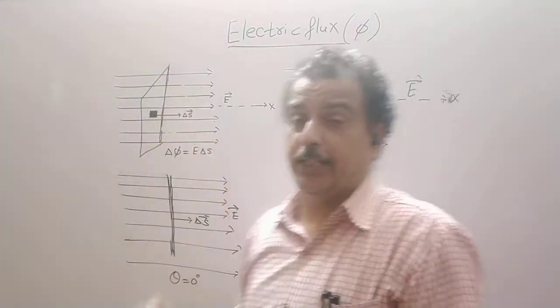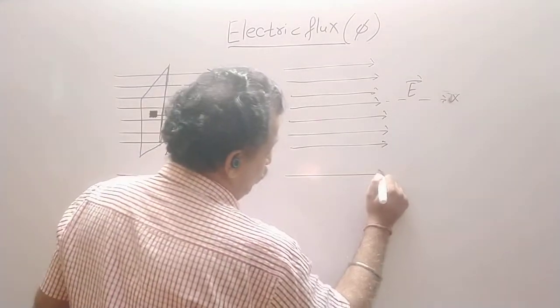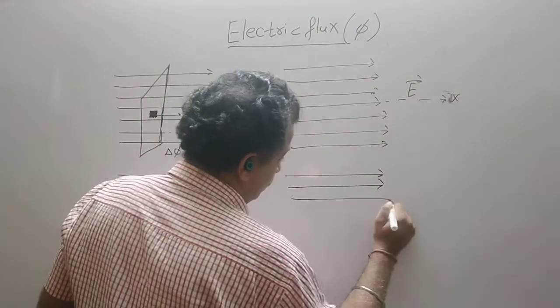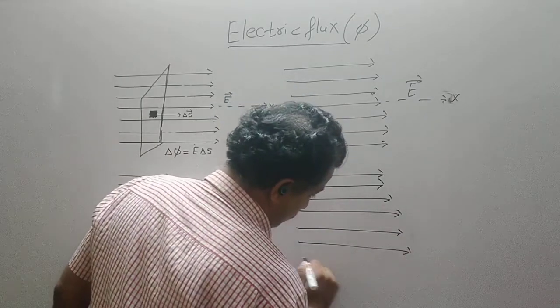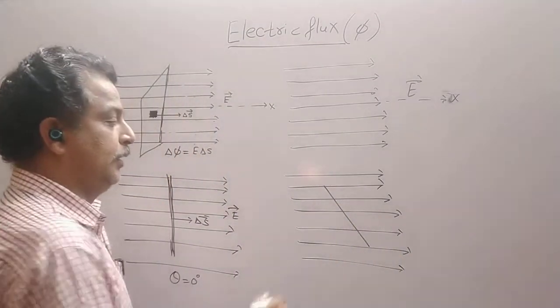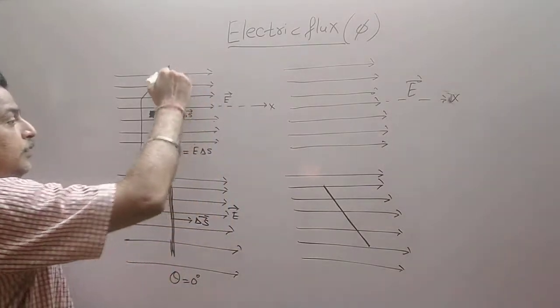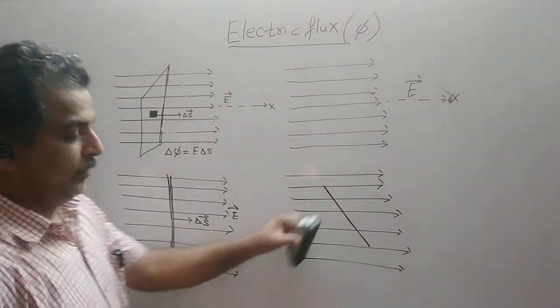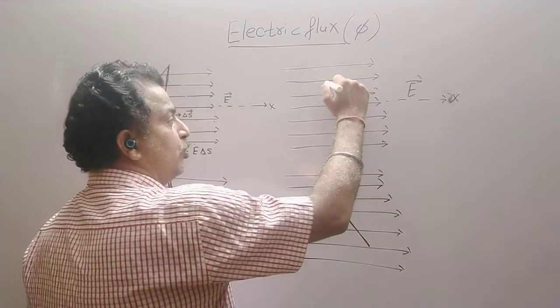Now I have to change its orientation, and this diagram can also be represented this way. Suppose this is the line, this line is oriented like this. Let us see how this diagram can be drawn.